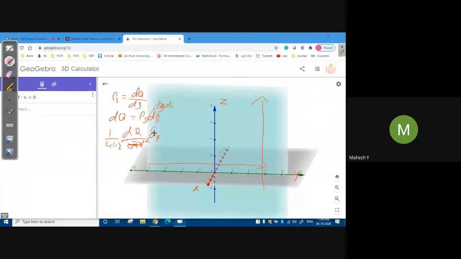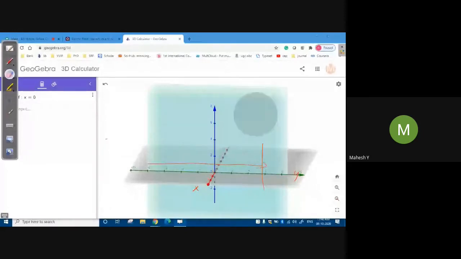Can we simplify this in another way? Like, can we take a line charge? I'll draw a perpendicular line here like this.